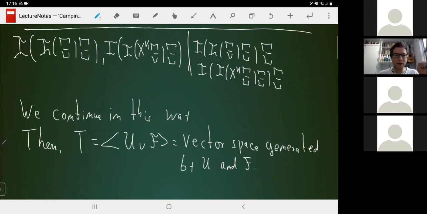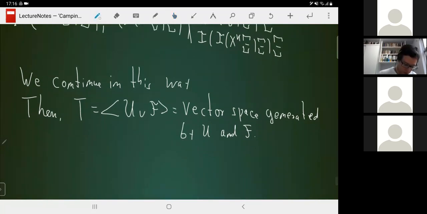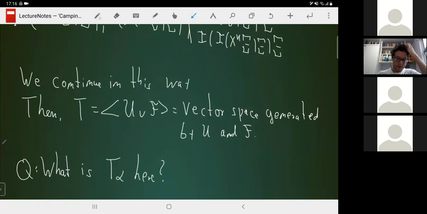And there was already the question from Guilherme: what is the regularity of the noise, or the homogeneity of the noise? This is something we need to talk about now. So the question is, what is T alpha here? You remember that we need to be able to write T as the sum of these T alphas, where T alpha are the elements of T of order or homogeneity alpha.